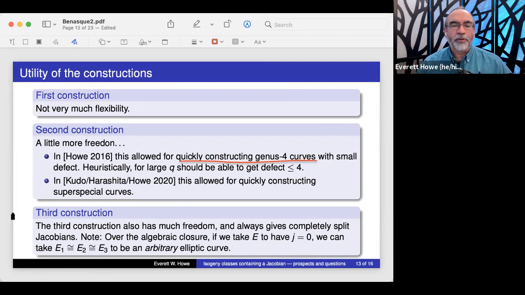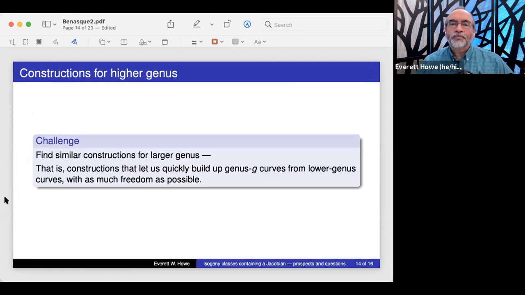And I could say more about that if there's a little bit more time at the end. So the challenge is to find similar constructions for larger genus. That is, constructions that let us quickly build up genus g curves from lower genus curves with as much freedom as possible.